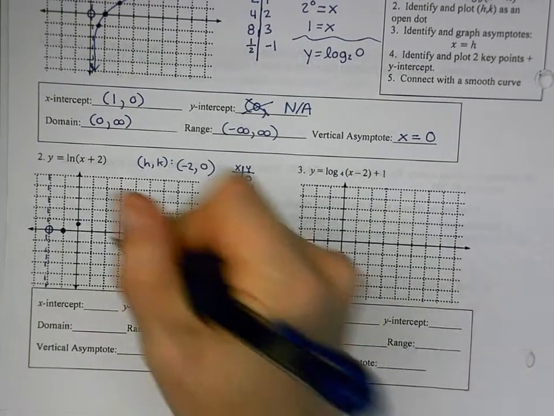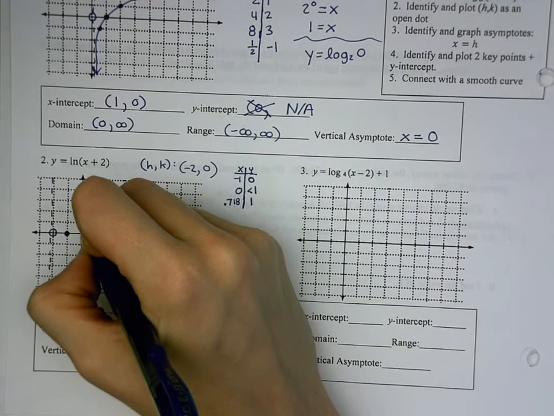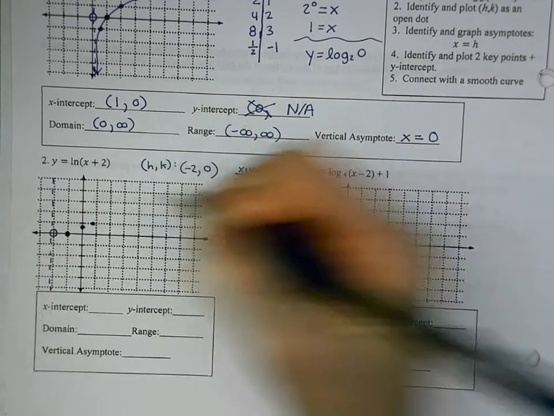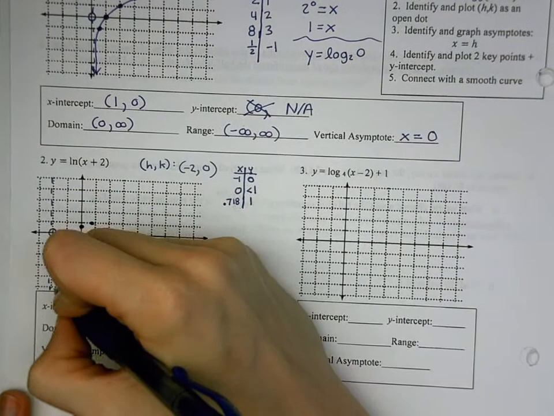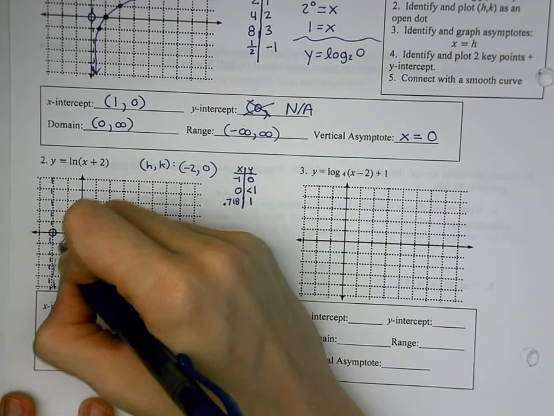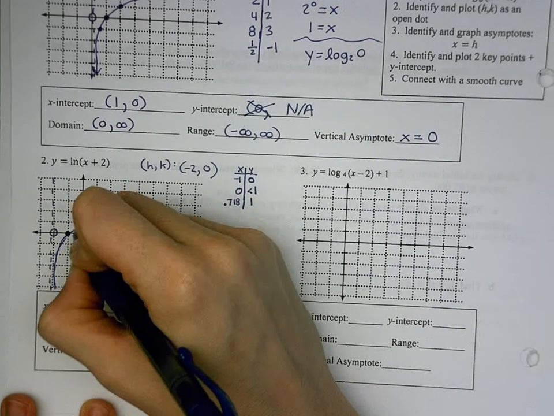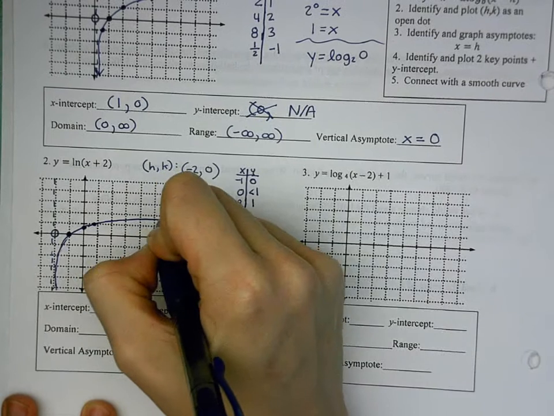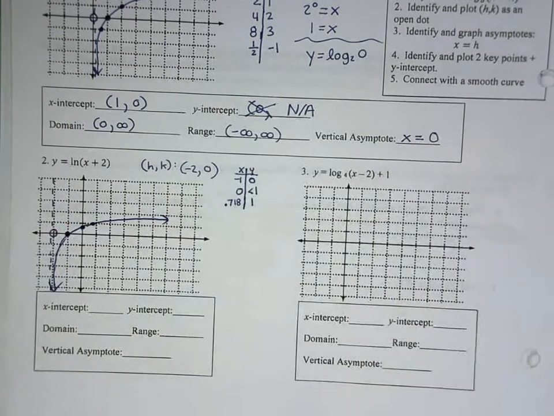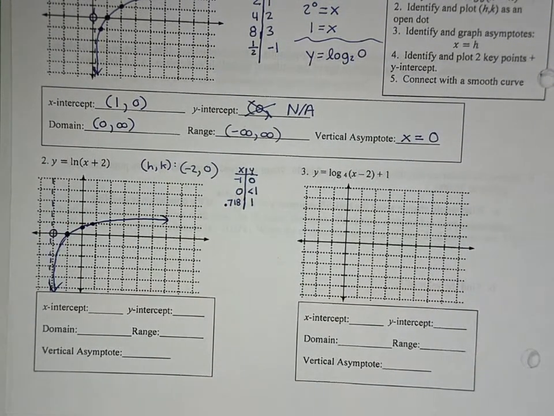Okay, so then you could plot that point, 0.718, 1. So, a couple of different options there. You could also do some sort of other approximation method to generate your term. But something along those lines. Okay?